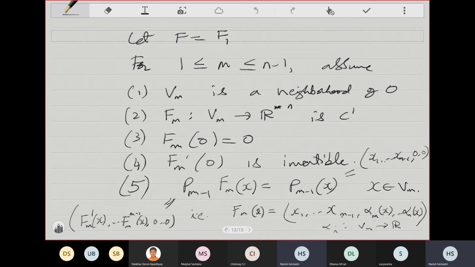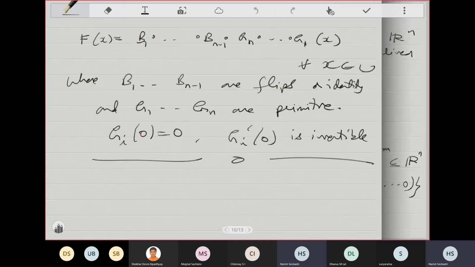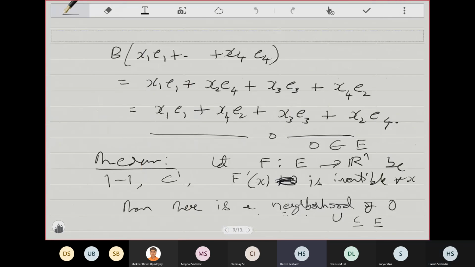But did I assume that f of 0 is 0? Yes, I did assume that. I don't know if I stated it here. Oh, no, I didn't state it. So I should say f of 0 is 0. So I need this.